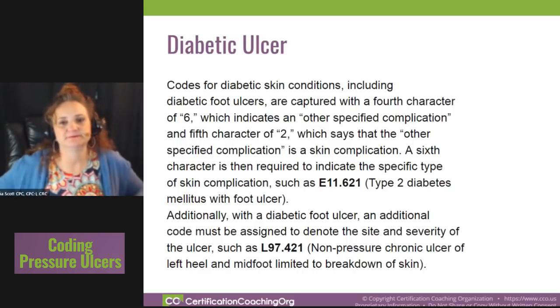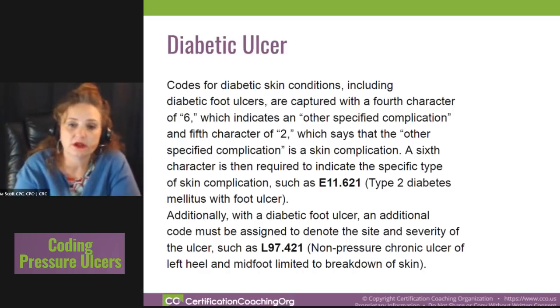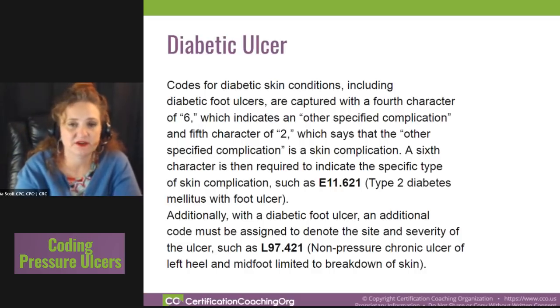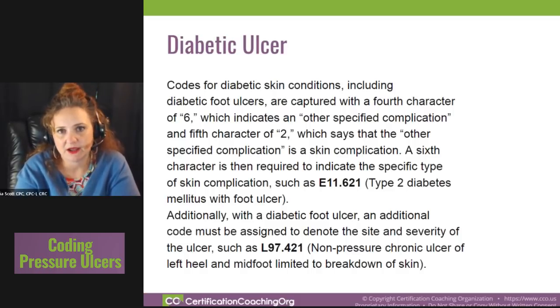Because L97 is non-pressure. If you're diabetic and you have a skin ulcer, it automatically defaults to a non-pressure ulcer. It probably was caused by pressure, but you're diabetic. So what caused it? The pressure, and it wouldn't have happened unless you were diabetic. In the example of me walking around and getting a blister on my heel, it's just a blister on my heel.